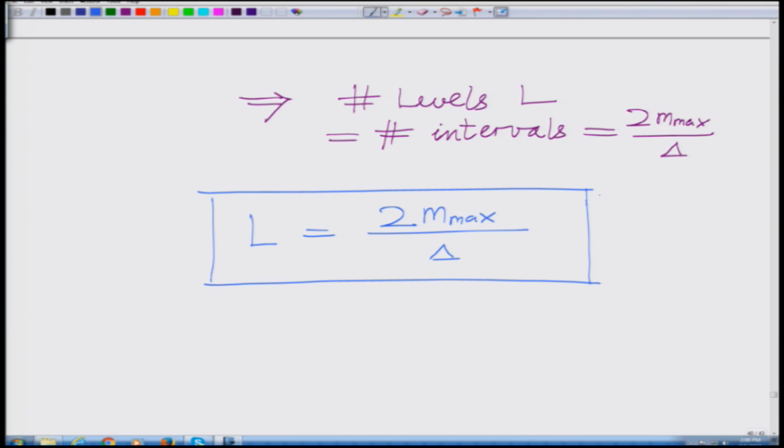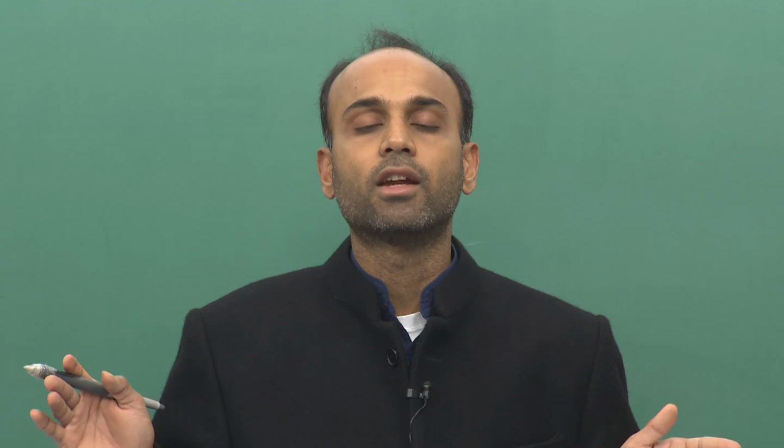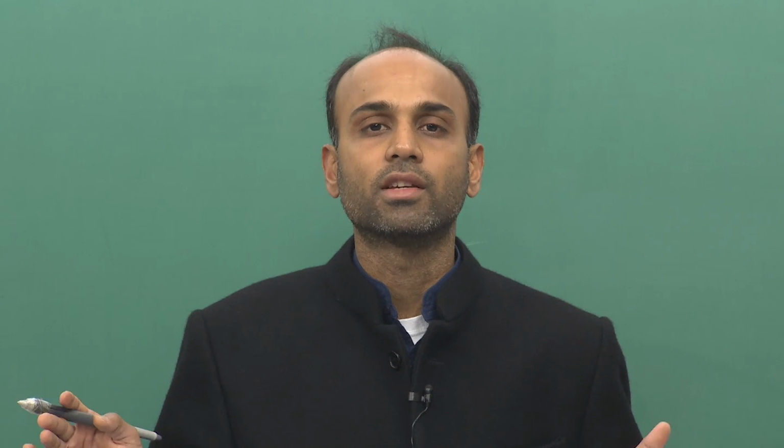Alternatively, this also means that delta equals 2m max divided by L. That is the width of the interval, that is, the step size is twice m max, the dynamic range, divided by the total number of quantization levels. Okay. That is the width of each uniform interval.